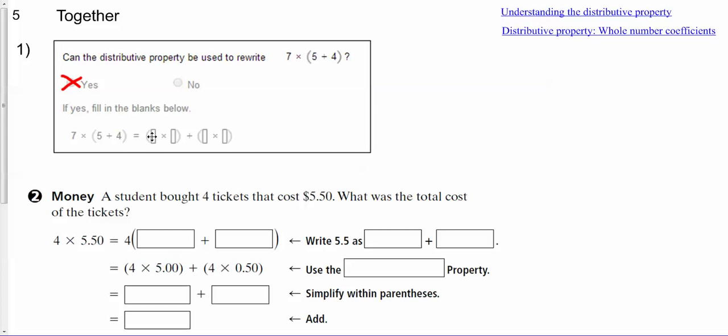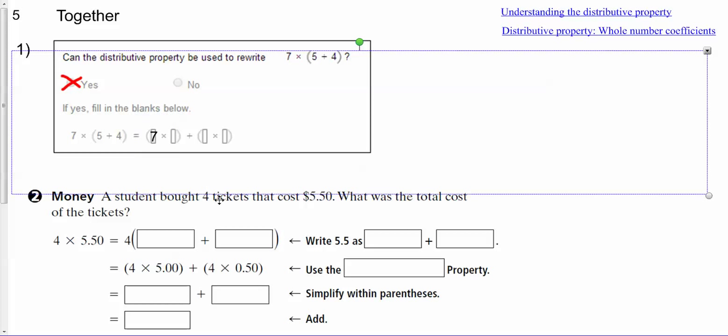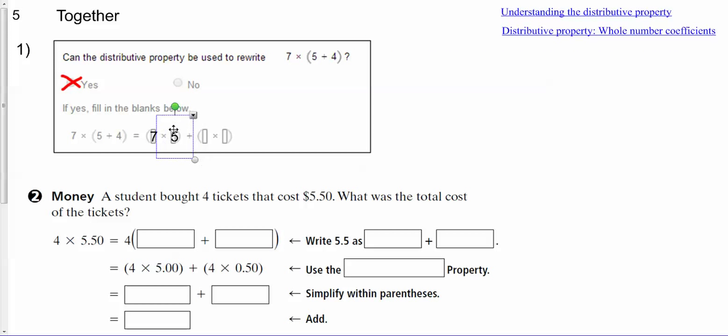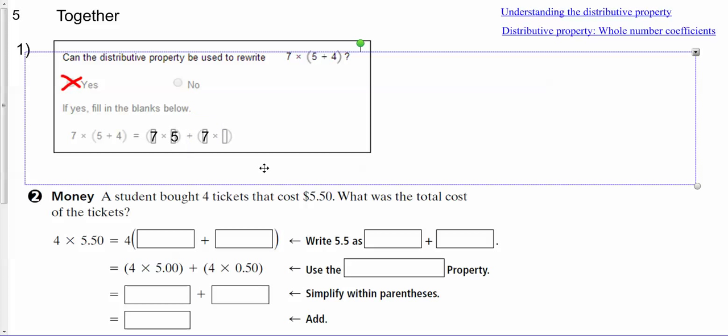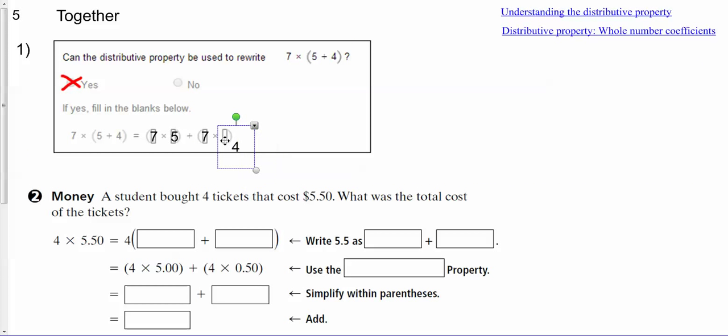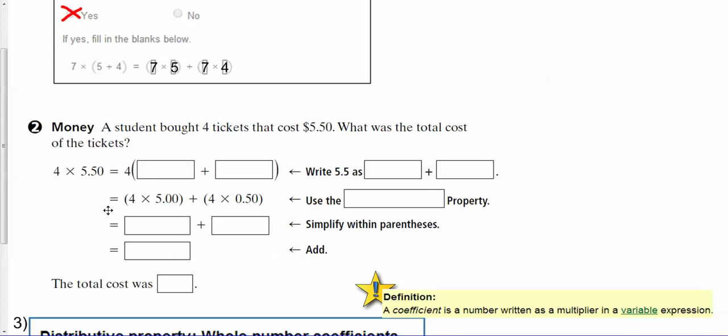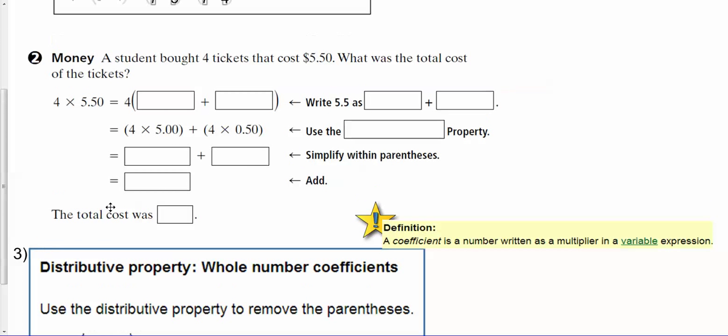So we're going to go 7 times 5 plus 7 times 4. Okay, and that's how we would do it. I know sometimes this seems long and drawn out, but really the distributive property is why multiplication works. Okay, when you're multiplying by a 2-digit number, that's why it works.